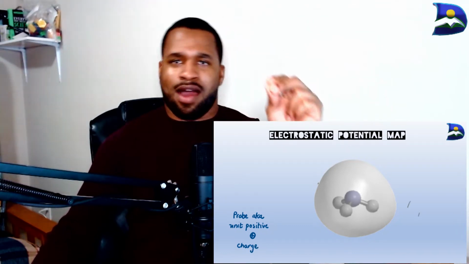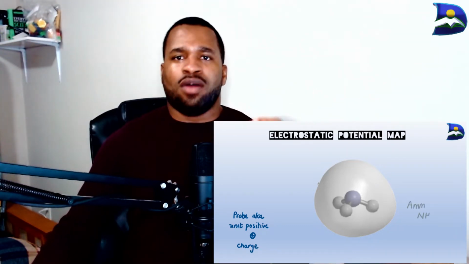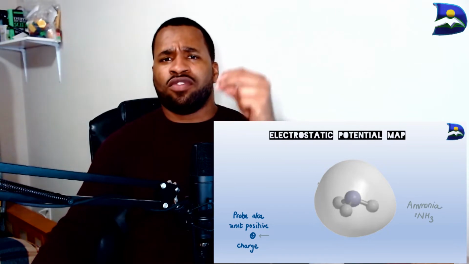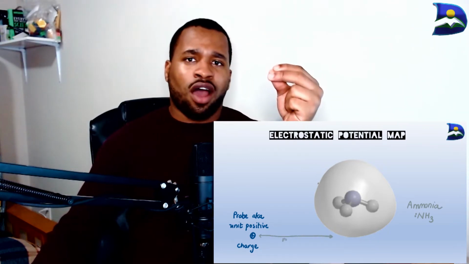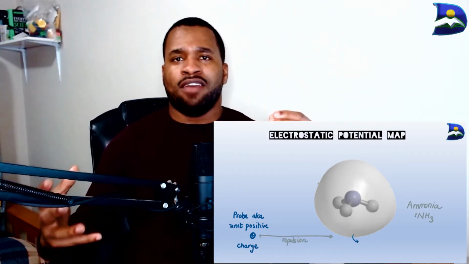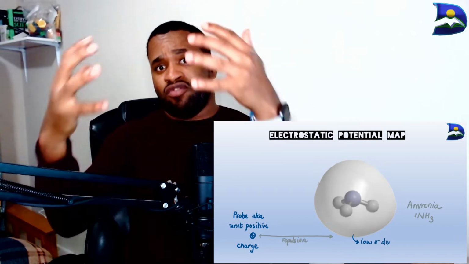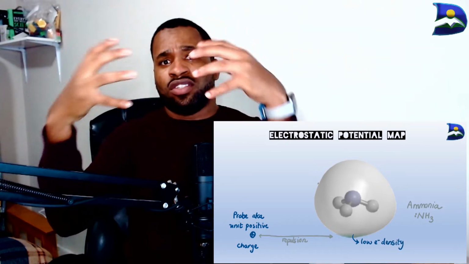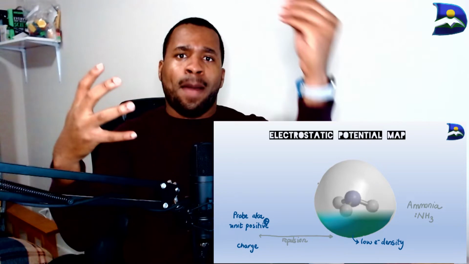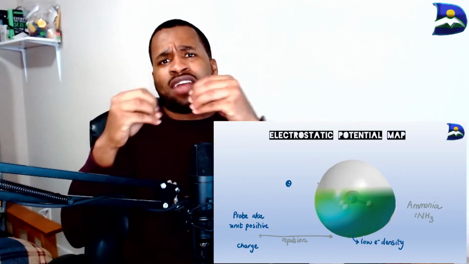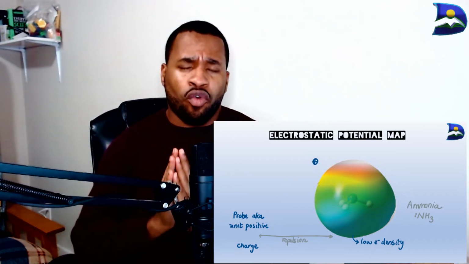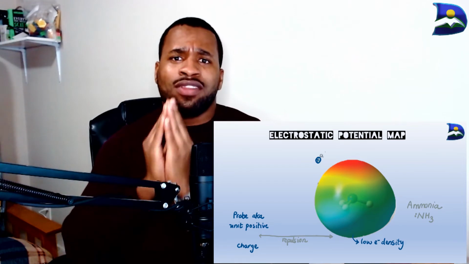This energy comes into play where you have a point charge, and this positive point charge is dragged around a specific compound, and by so doing you're able to see how regions are positive and negative. If you have highly electron-dense regions in that compound, that point charge tends to be attracted more compared to regions with low electron density.